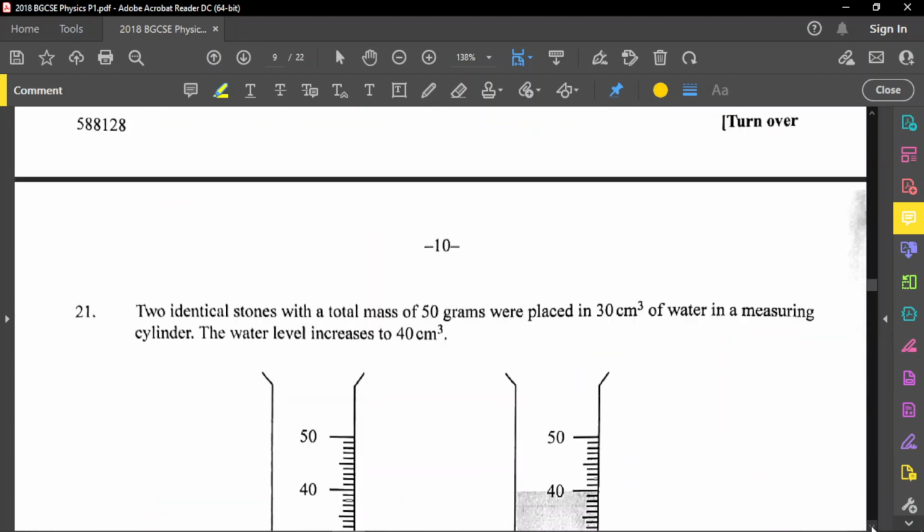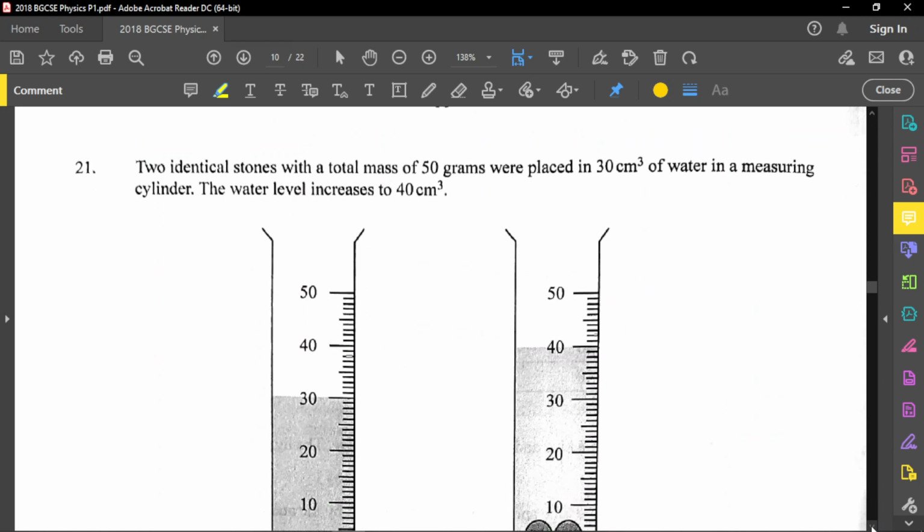Let's work ourselves through this now. Number 21, it's two identical stones with a total mass of 50 grams. So we have 50 grams as a total mass. They're placed in 30 cubic centimeters of water. So the volume of water is 30 cm³. Within a measuring cylinder, the water level increased to 40. So it moves from 30 to 40.